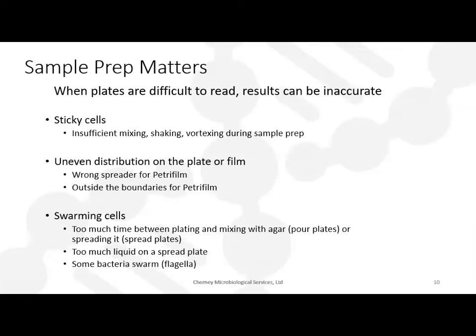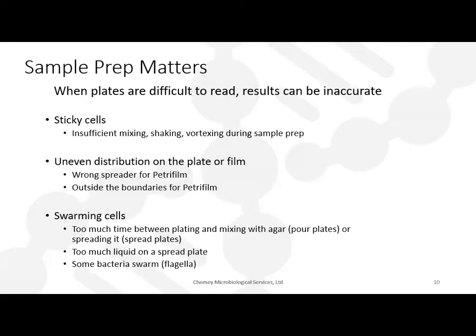So sample prep matters. When plates are difficult to read, results can be inaccurate and you're not really getting a good idea of what's in your sample. Some of the things that can happen is you've got sticky cells. This can be a result of insufficient mixing, shaking, vortexing during sample prep. So make sure you're not rushing these steps, that you're taking the time to accurately mix it and shake it and vortex each one of your dilutions as you go.